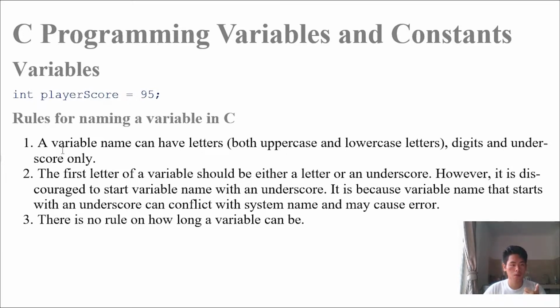And the first character of a variable should be either a letter or an underscore. However, we should not start with an underscore, because it can conflict with system names and therefore may cause an error.